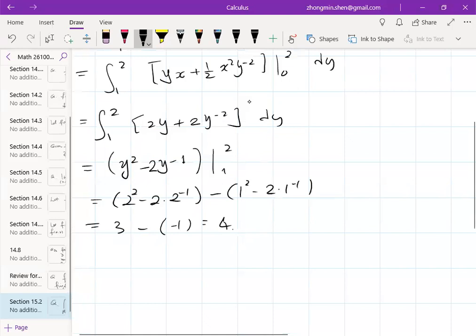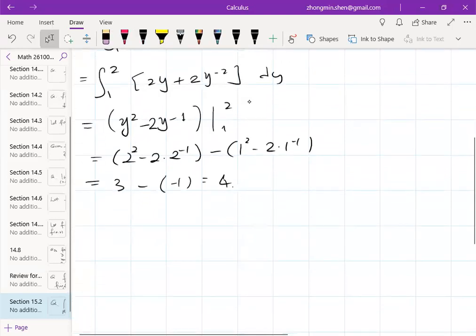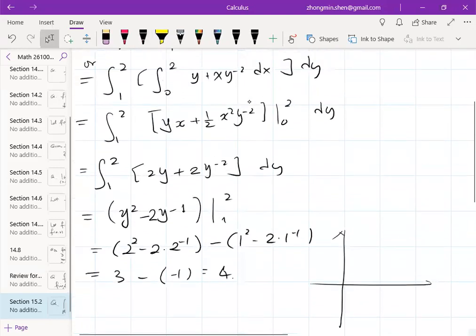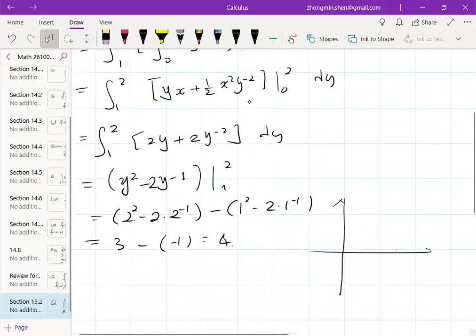Now, this is the integral over a rectangular region. X is from 0 to 2, y is from 1 to 2, so it is going to be that region.